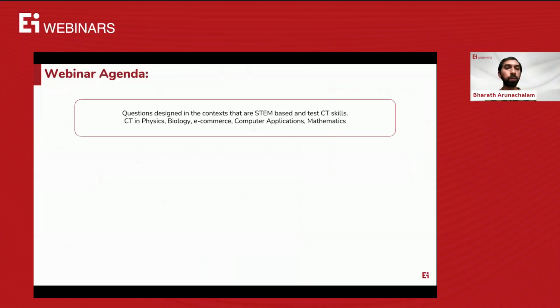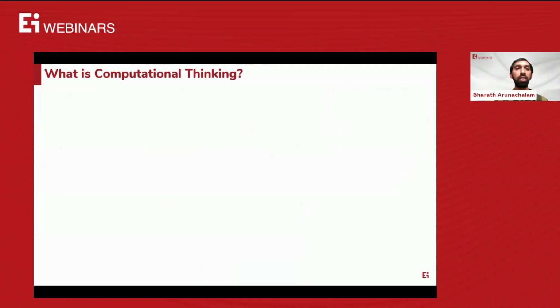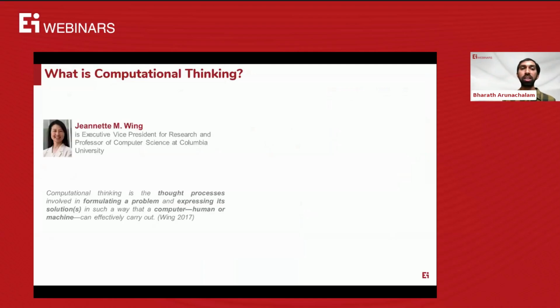So we looked at the agenda, and now we are into understanding what computational thinking is. This is Jeannette Wing, a very famous figure in the space of computational thinking. Her definition is very simple and easily understandable: computational thinking is a thought process involved in formulating a problem and expressing its solutions in such a way that a computer, human, or machine can effectively carry out.